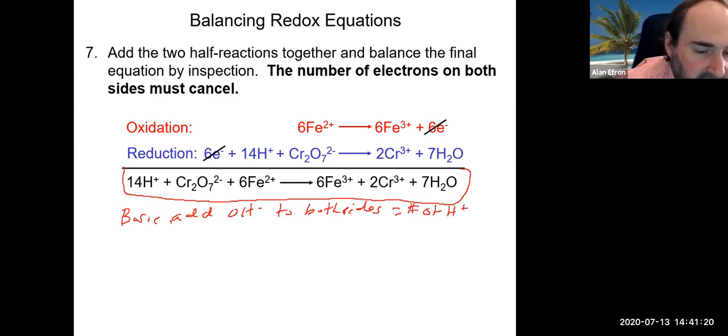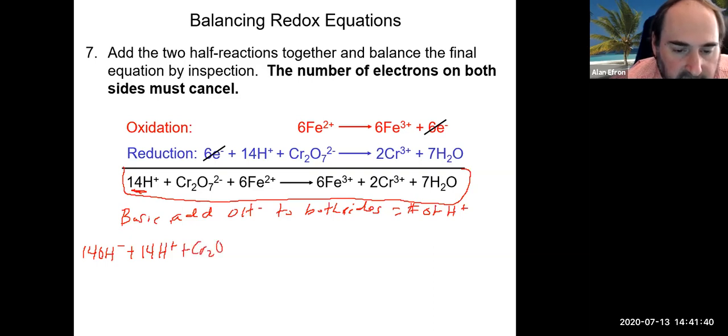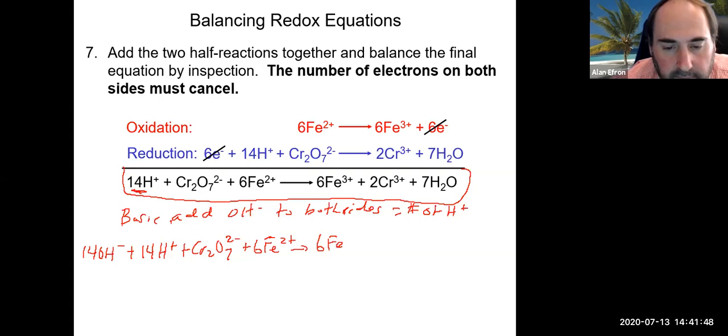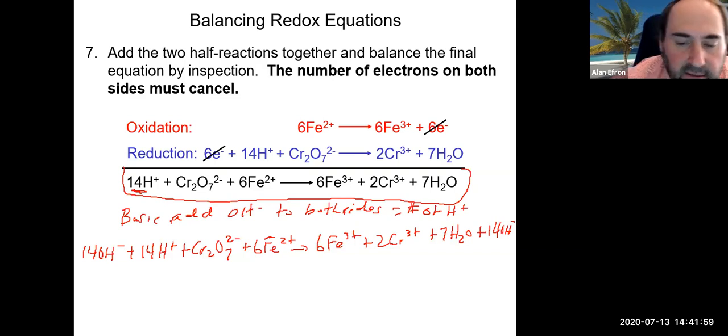So what that means is if we look at our reaction in acidic solution, we have 14 H pluses, which means what we would add to this reaction to do it for basic conditions is 14 OH minuses on the left, plus our 14 H pluses, plus our Cr2O7 2 minus, plus our 6 Fe2+, and we would also add those 14 OH minuses to the right-hand side.